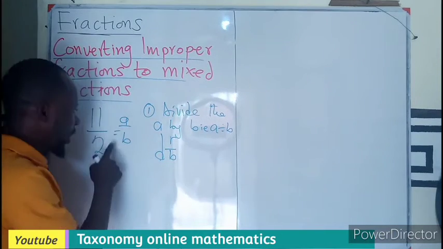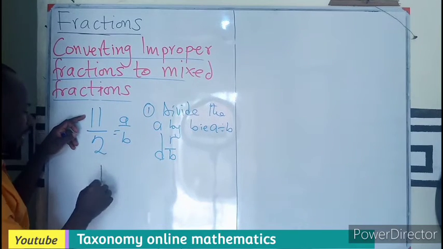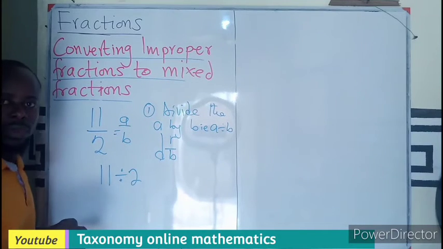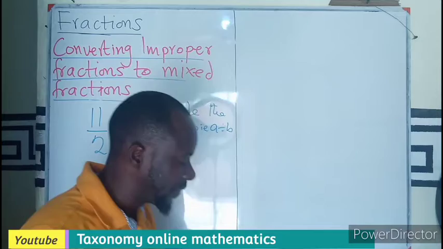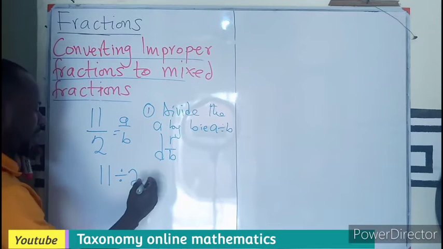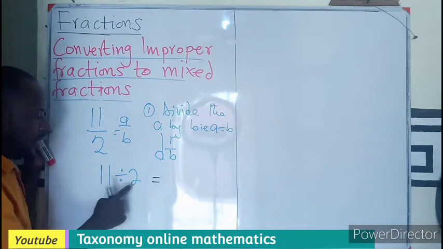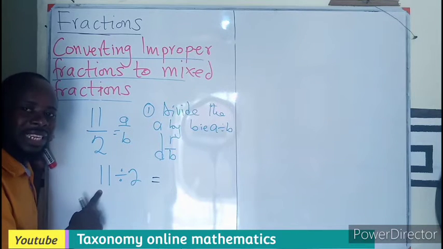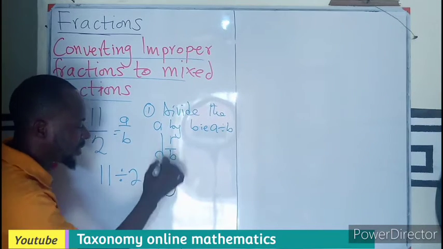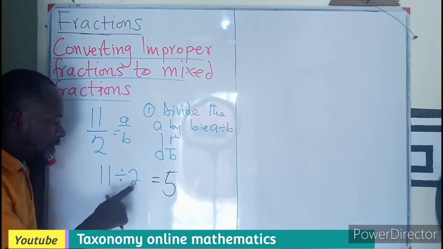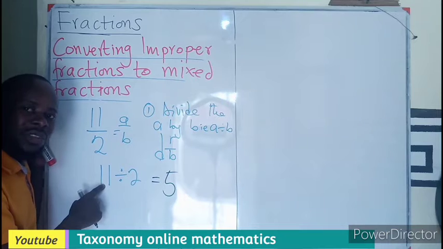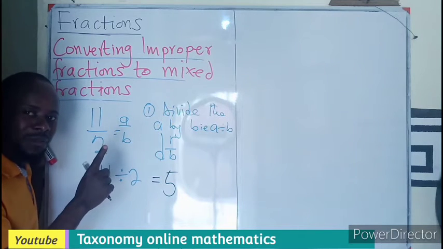So, in this case, I'll be having 11 divided by 2. And if you do that, this is going to be 5. 5 times 2 is 10. So I'll be having 5. Now, 5 times 2, which is 10, and 11 minus 10 gives us 1.